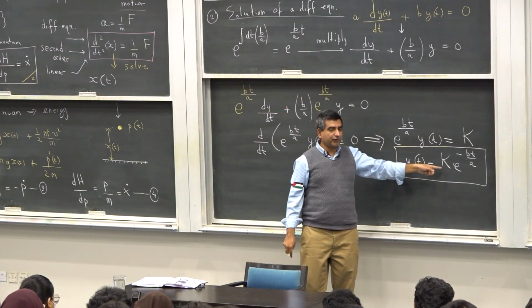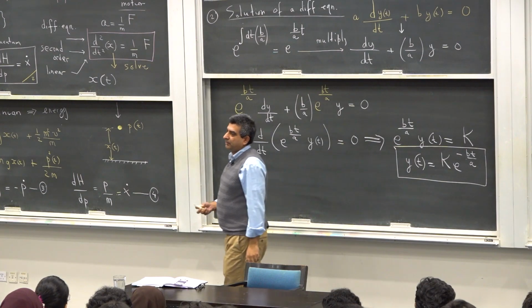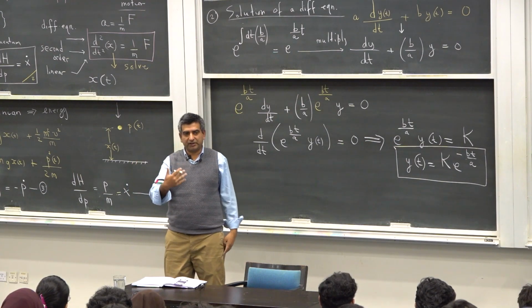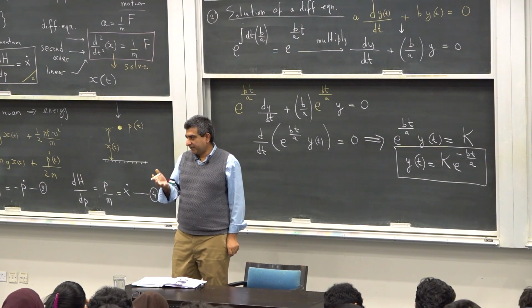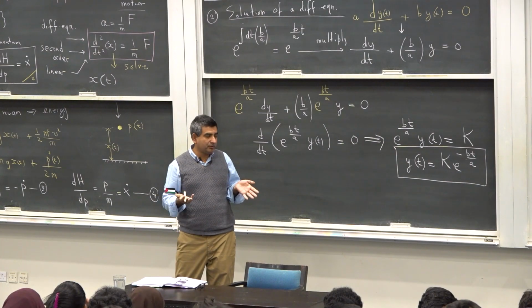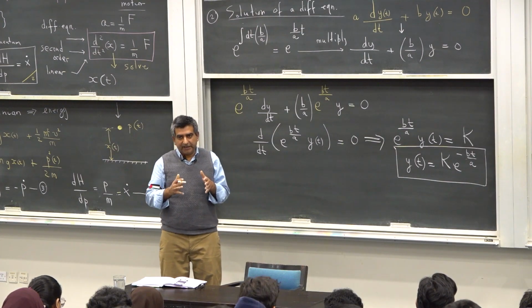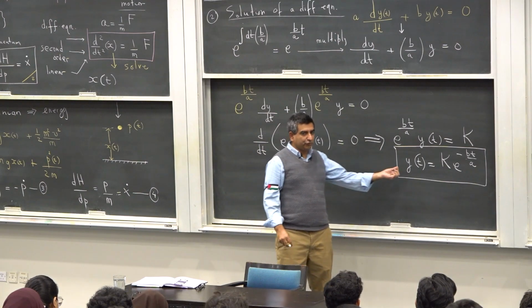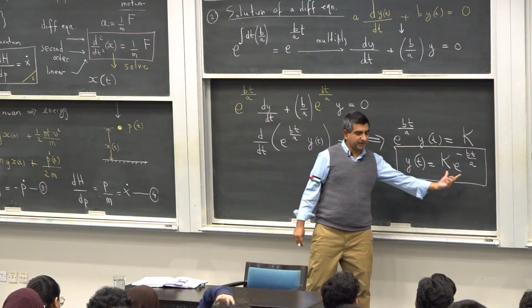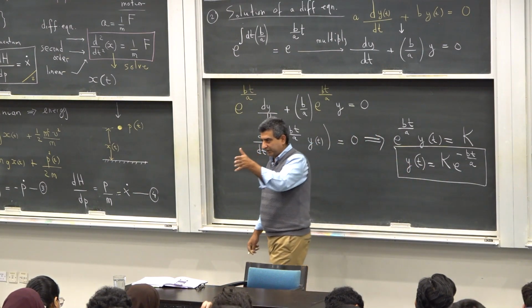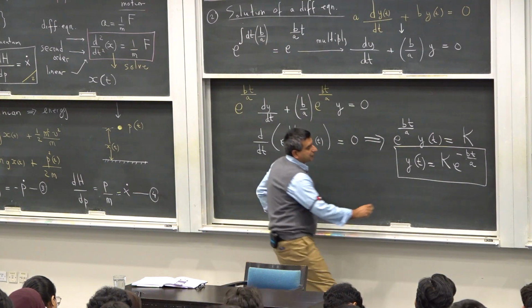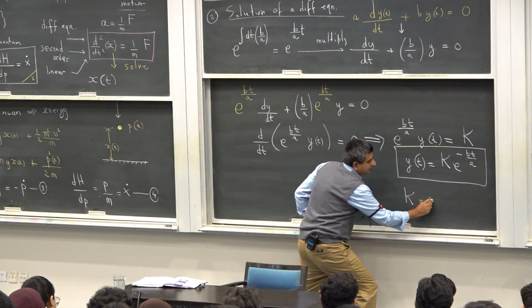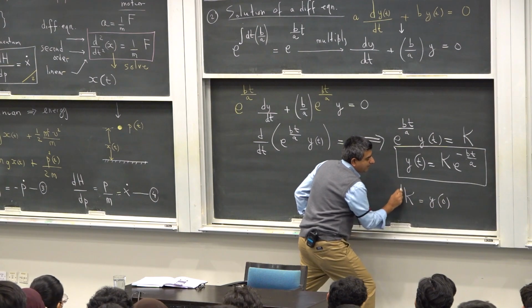And what is this value of k equal to? How can I determine the constant k? What's the initial condition? If I put time equals 0, then k is just the value of y at time equals 0, because the exponential turns out to be 1 at that point. So this k is really y at time 0.